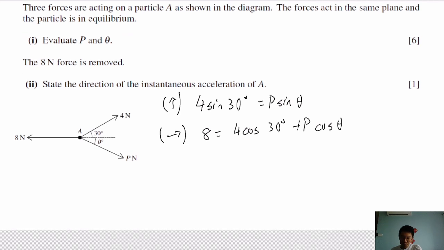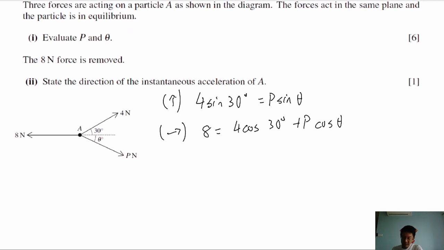From there, let's rearrange the second equation first. For the second equation, we get P cos theta equals 8 minus 4 cos 30 degrees. The reason we do this is because we want to find the value of theta first.